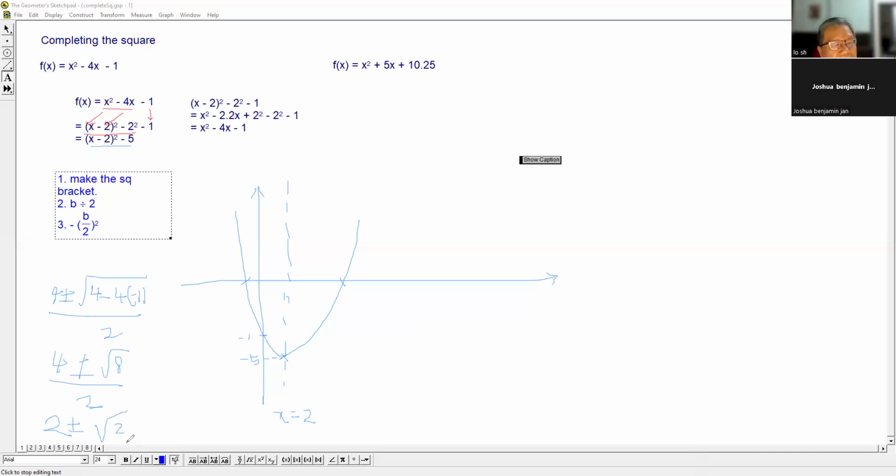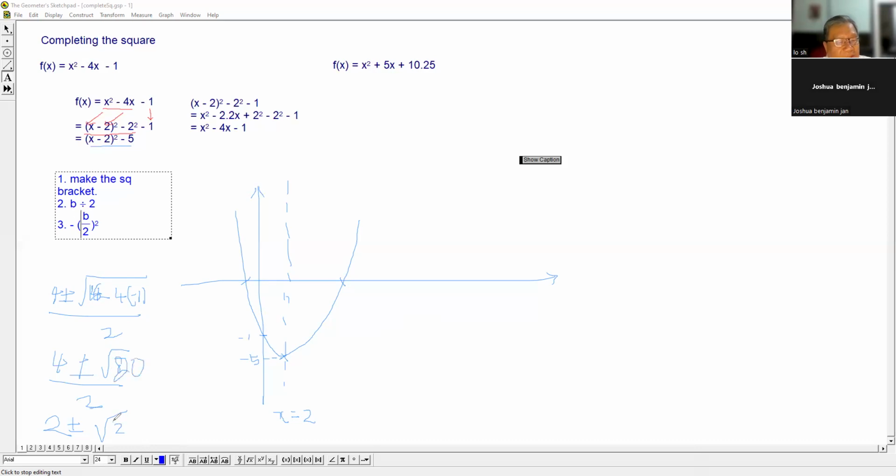So 2 plus square root of 2, 2 minus square root of 2. Something wrong here. B square is 16, sorry. B square is 16. 16 plus 4 is square root of 20.